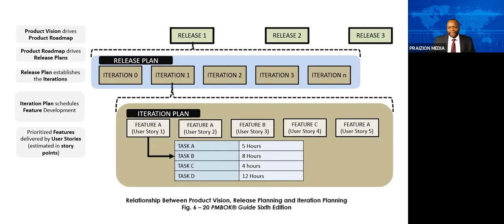We can size user stories using what we call story points. But that is taking it to the next level. For the sake of this PMP exam update in 2020, this is sufficient for this task. However, I want to crave your indulgence to watch the videos on the Praizion site.